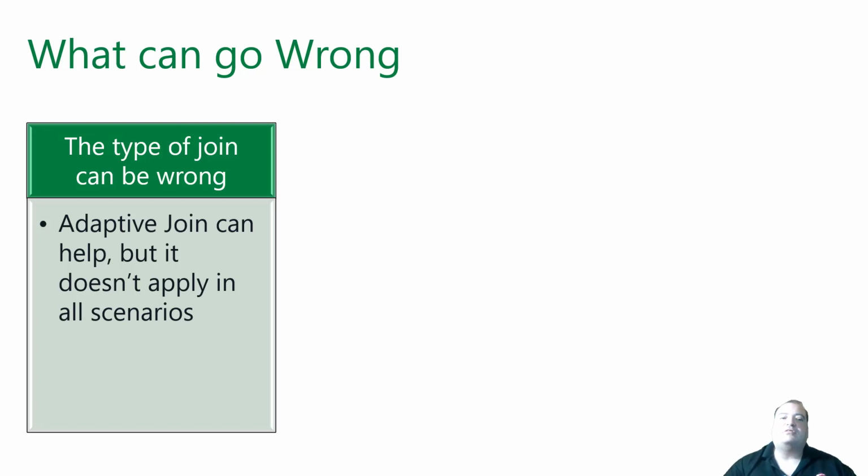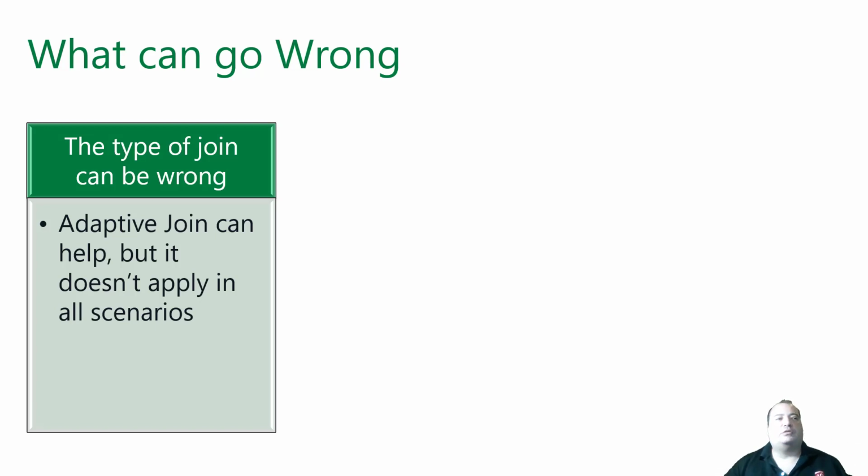Adaptive join is a special operator that goes in the query plan and can dynamically choose the type of join in the middle of the execution of the query. So the same plan could work for parameter values that need different types of join.